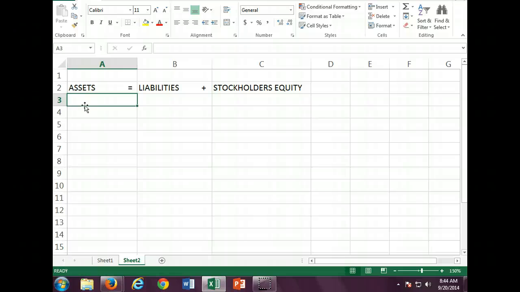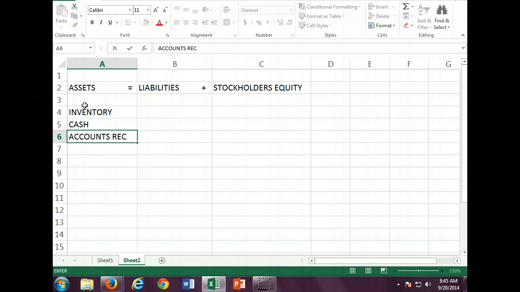Let's talk about assets. What are assets? Let's name them. It has a value. It's a resource with a future benefit. So what are some assets that a company has? Inventory, cash, accounts receivable. What else?